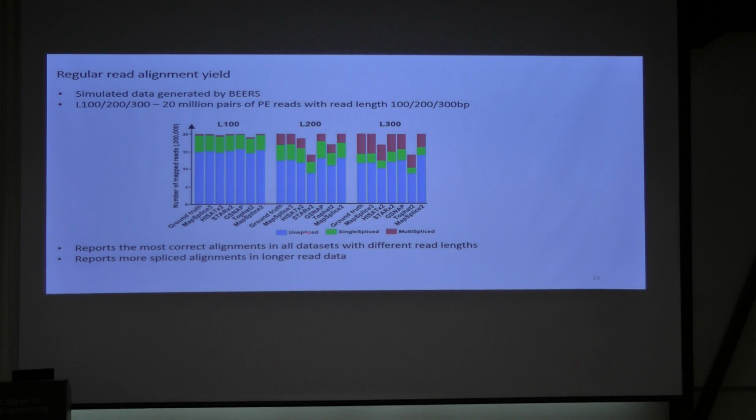The different types of reads are based on the number of splice junctions contained in each read sequence. The blue ones mean this read sequence has no splice junction, the green ones mean there is only one splice junction, and the red ones mean there are more than one splice junctions.